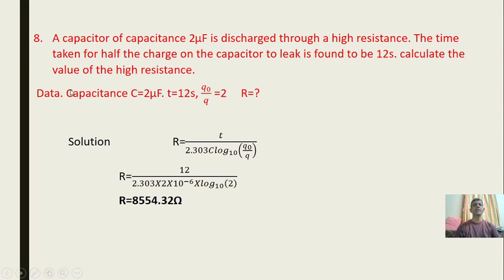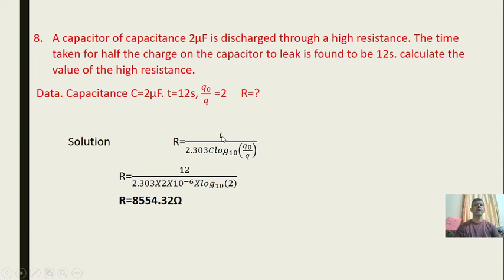The time taken for half of the charge on the capacitor to leak is 12 seconds, Q0 by Q is equal to 2. You have to calculate the high resistance by leakage. The high resistance by leakage is given by R is equal to T divided by 2.303 C log Q0 by Q base 10.